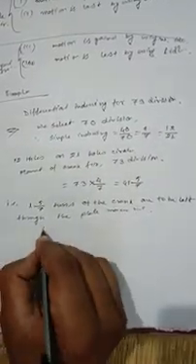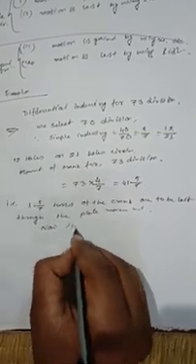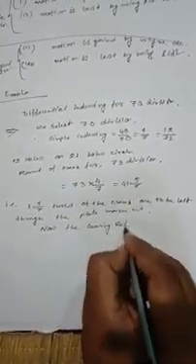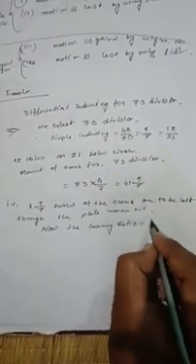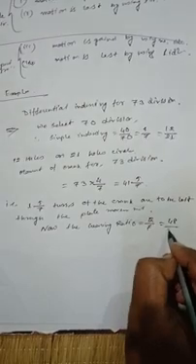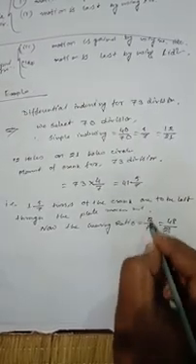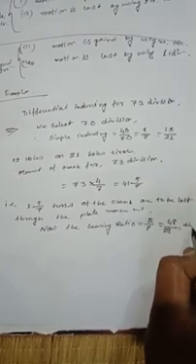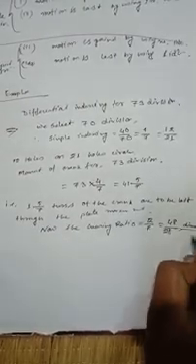Now the gearing ratio is equal to 12 by 7, which is equal to 48 by 28, multiplying by 4 on both sides, which is driver by driven.